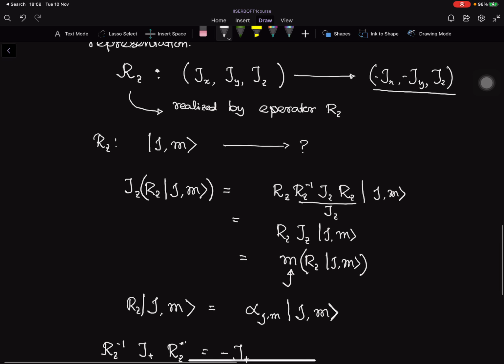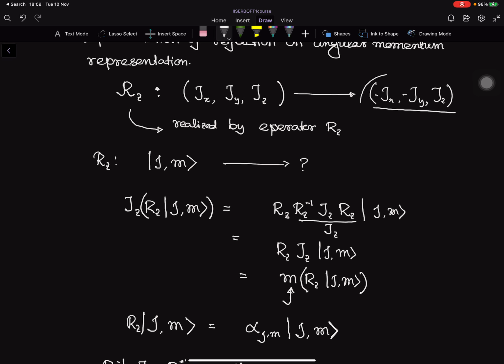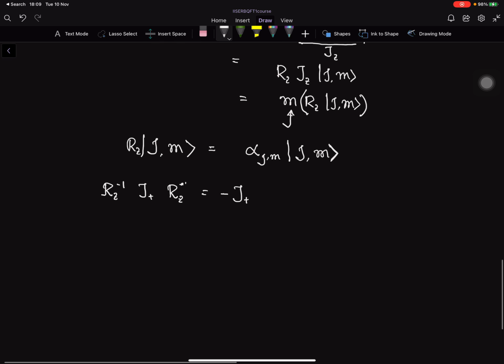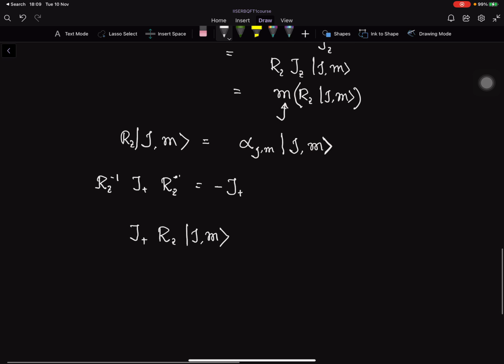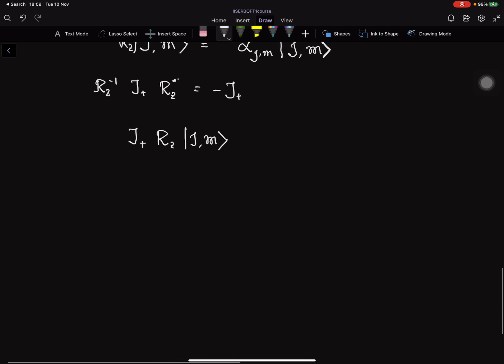This follows from just the definition. So then let's try to act this: what about J plus acting on Rz |j, m⟩? This can be done in two ways.